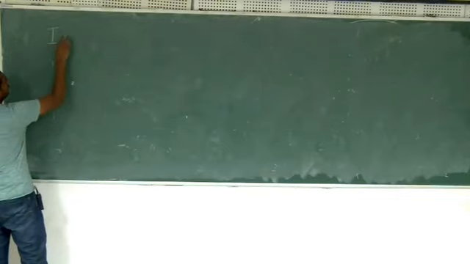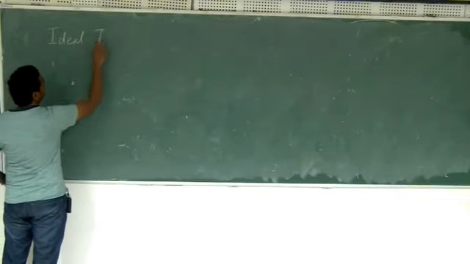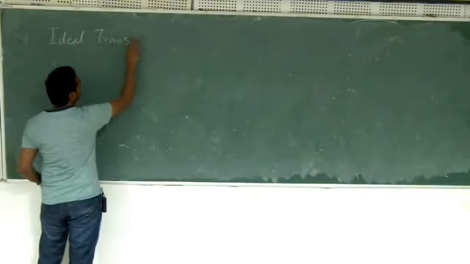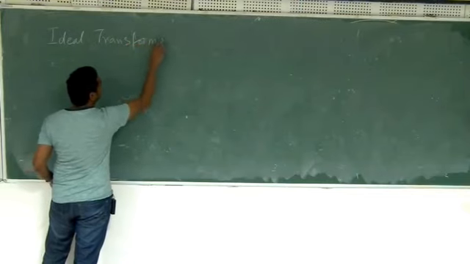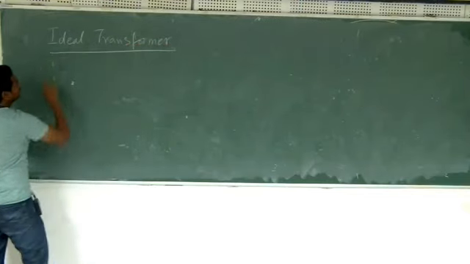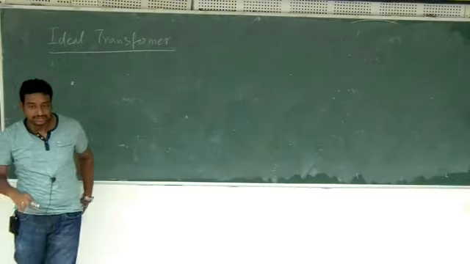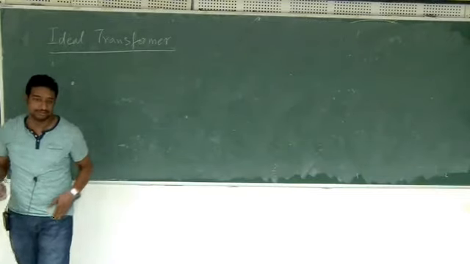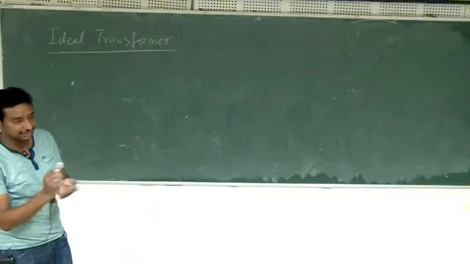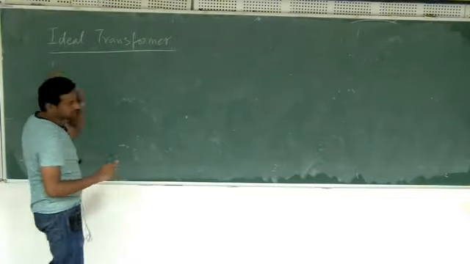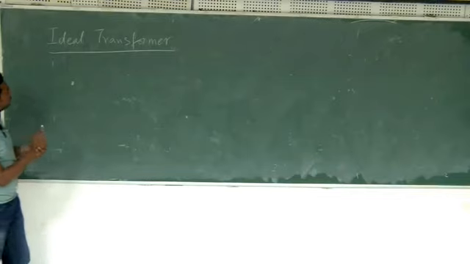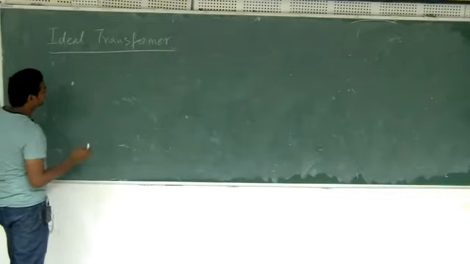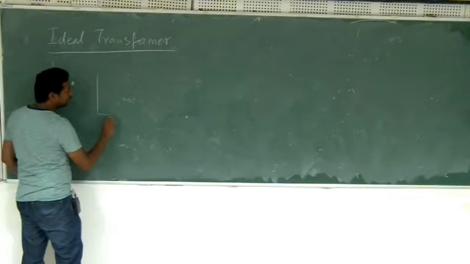Okay, so ideal transformer. Ideal transformer means the one in which there are no losses. Okay, but practical transformer has losses, so that we'll consider later. This one without losses we'll consider now. Okay, so in an ideal transformer, what happens?